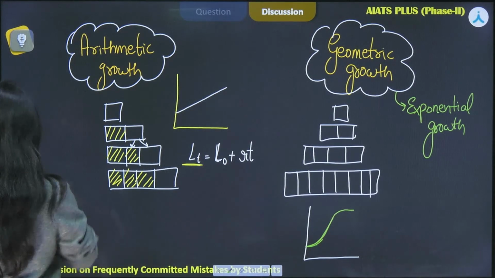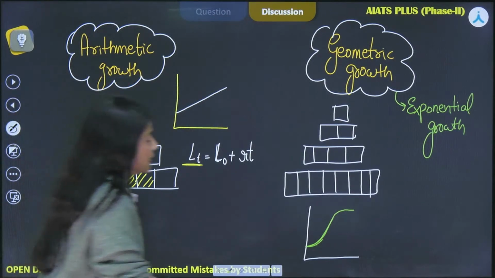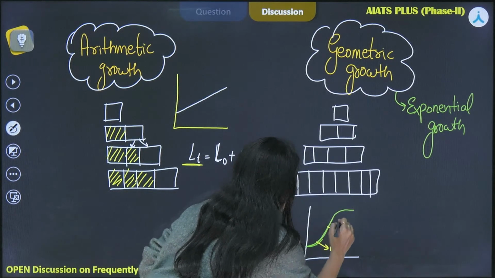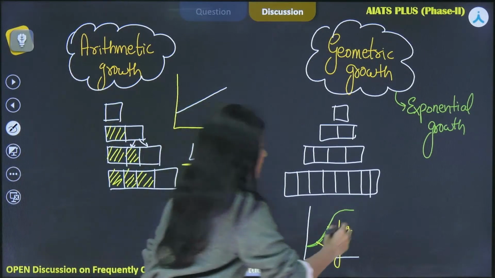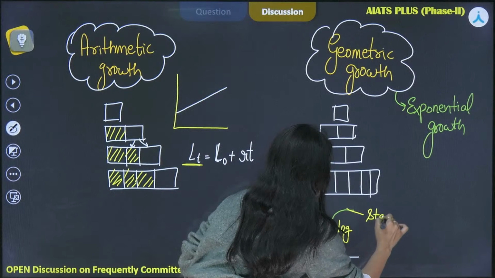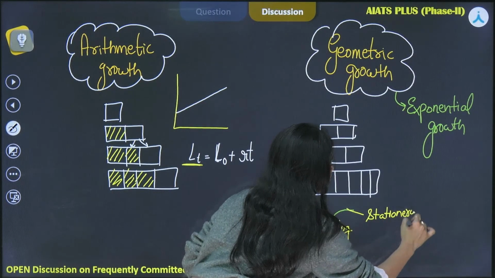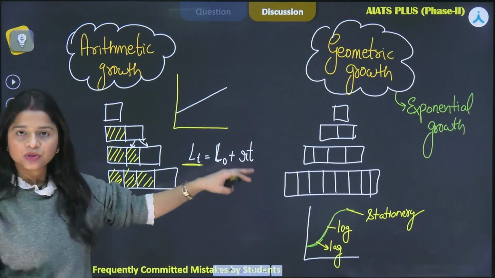So in geometric growth we are observing the lag phase, that means the slow growth, the log phase, that means the very exponential growth, and then comes the stationary or asymptotic phase. So this is the stationary phase.